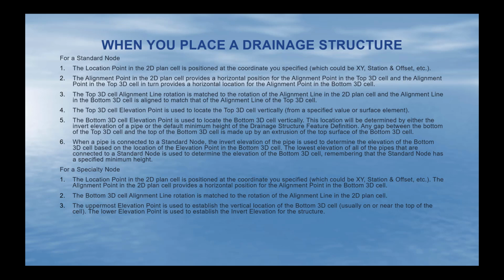The lower elevation point is used to establish the invert elevation for the structure. So basically what this is saying is all of your specialty nodes will have, unlike all other bottom 3D cells, two elevation points, a top and a bottom.